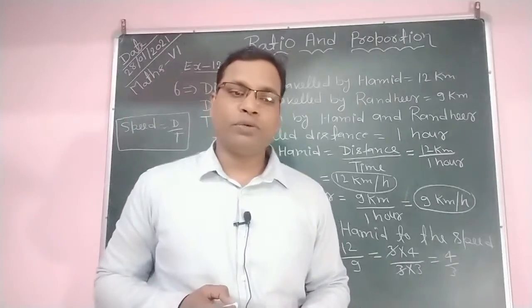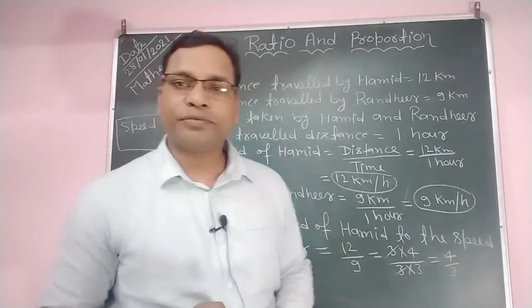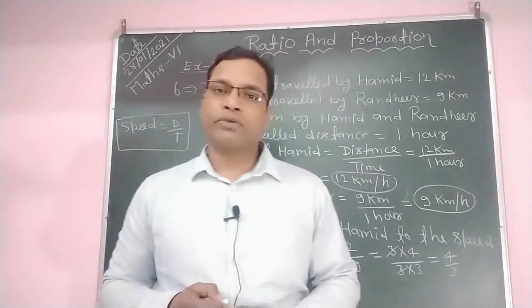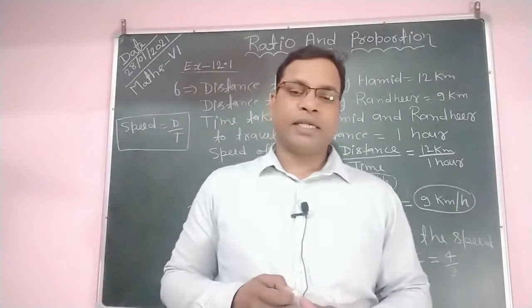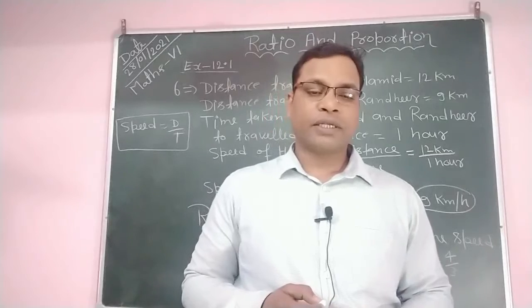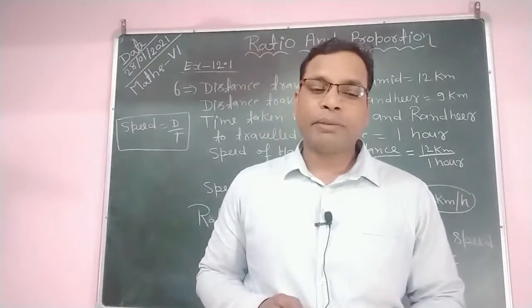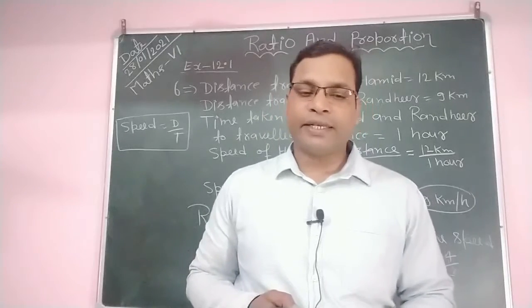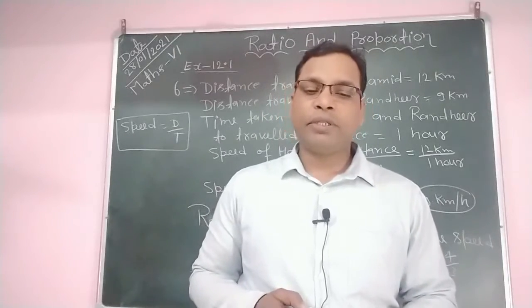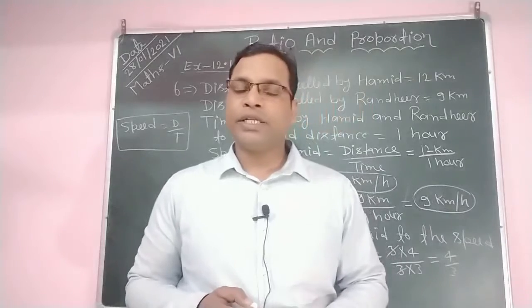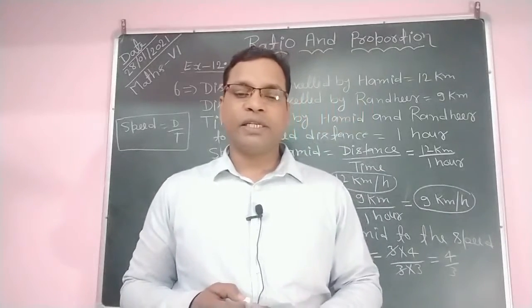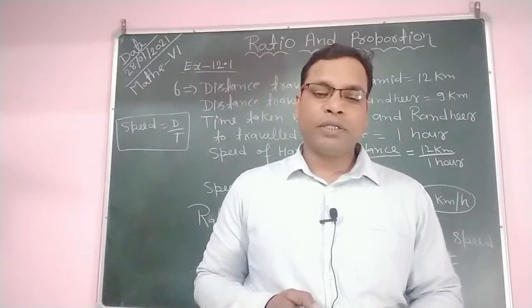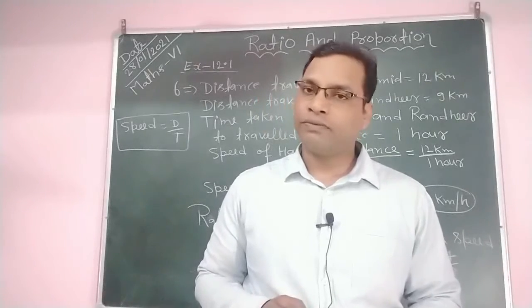So students, I hope all of you understood this question. Now we are going to discuss the next question, question number 7. The population of a village is 4,800. If the number of females is 2,160, find the ratio of the number of males to the number of females.